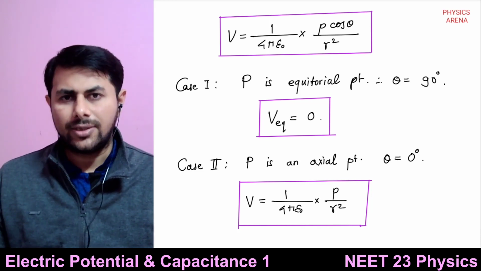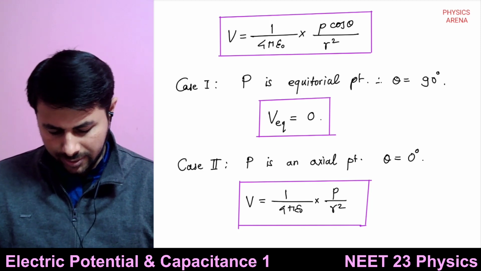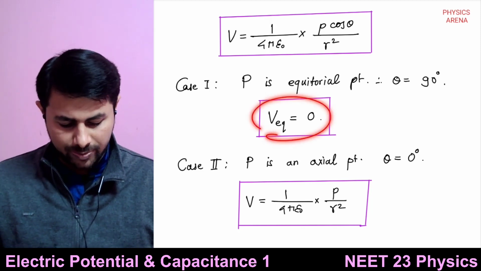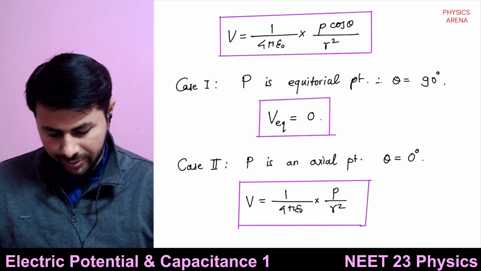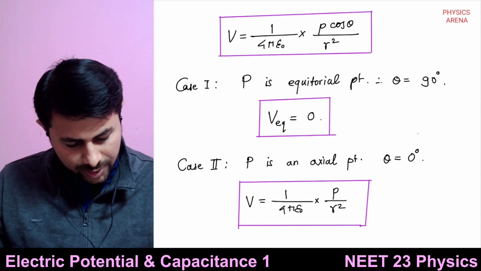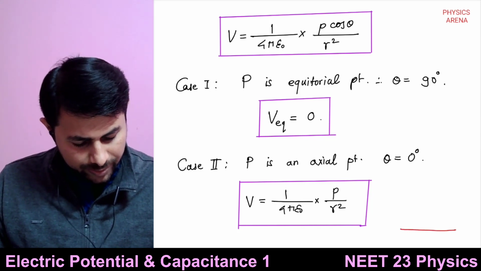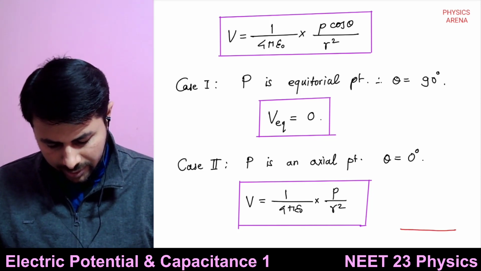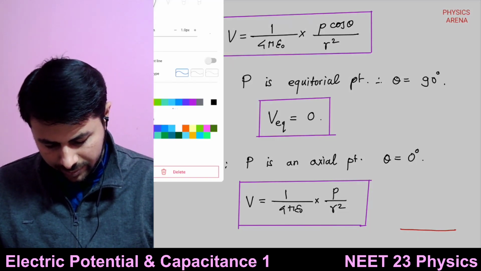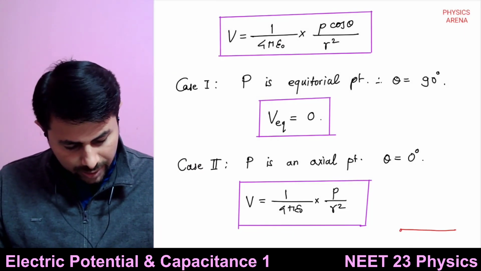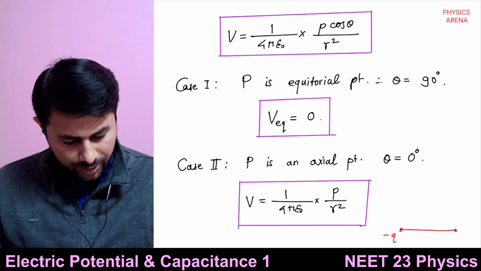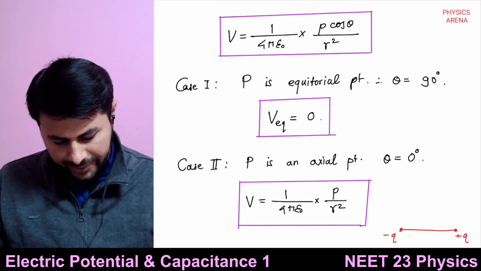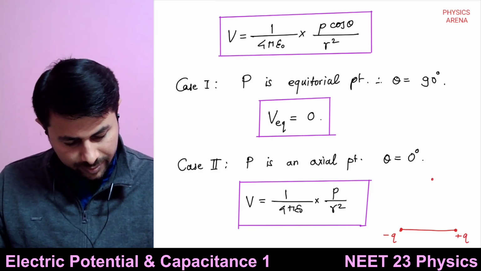There is another way to understand this, that the electric potential on the equator is 0. How come? You take this dipole, this is a negative charge, this is a positive charge, and point P is here.